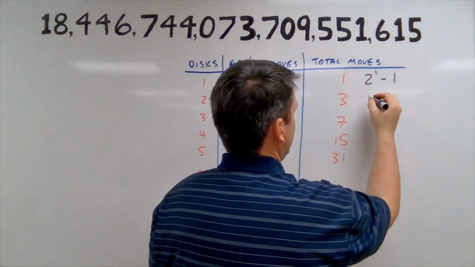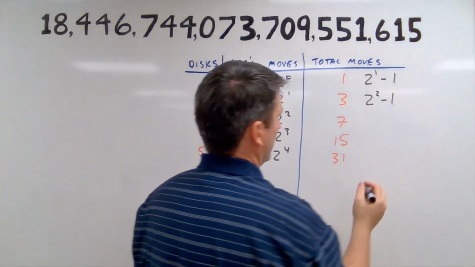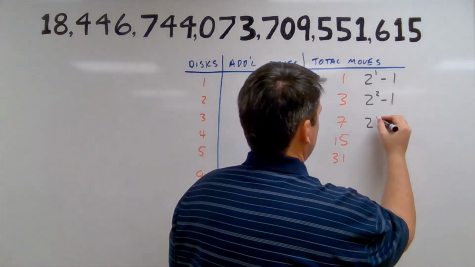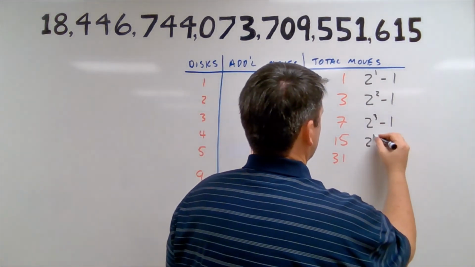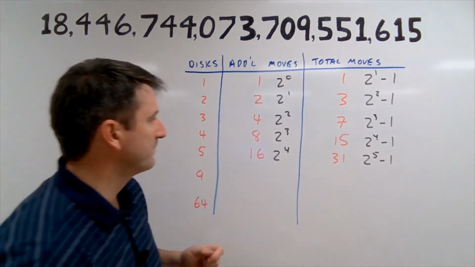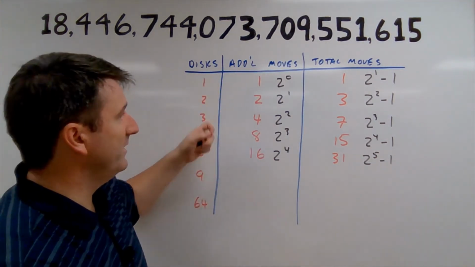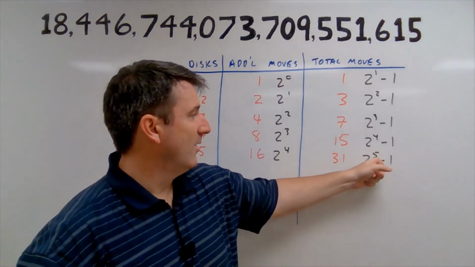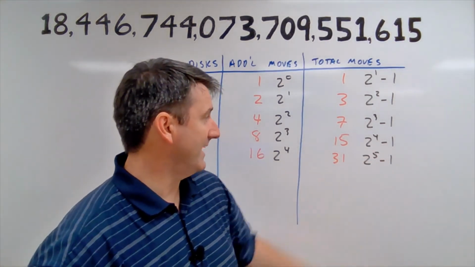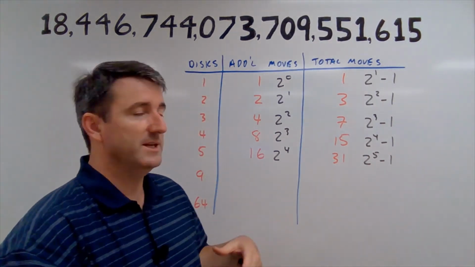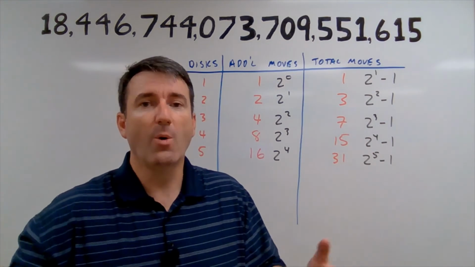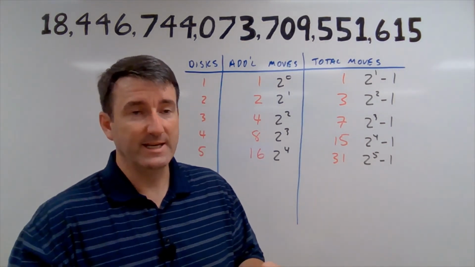But now 3 is 2 squared minus 1. 2 squared is 4, minus 1 is 3. 2 cubed minus 1, 2 to the 4th minus 1, 2 to the 5th minus 1. So you can see that all we need to do is figure out how many disks we're using. That's going to be our n, and our formula is going to be, just as it was with the chessboard, 2 to the n minus 1 total moves for that many disks.